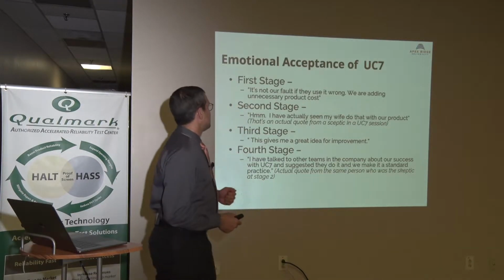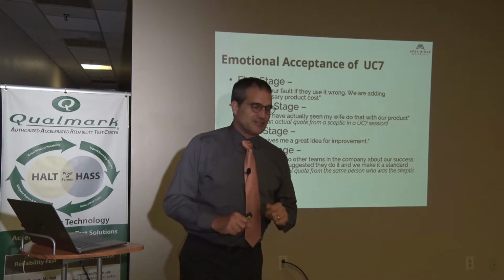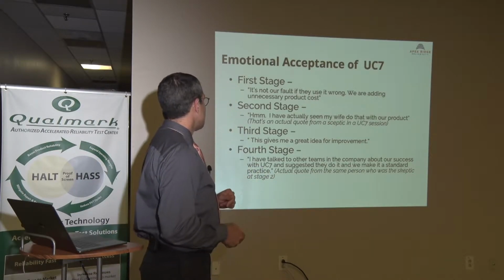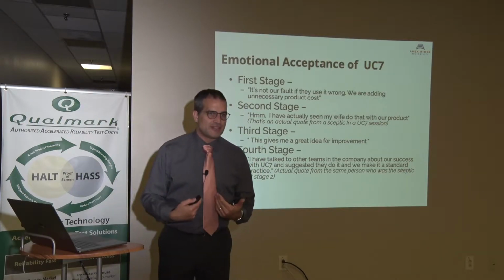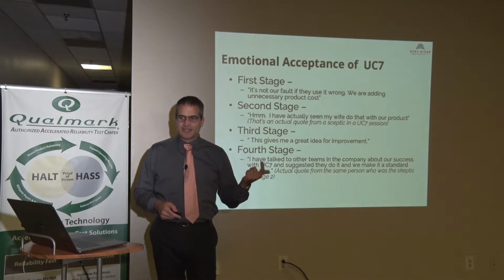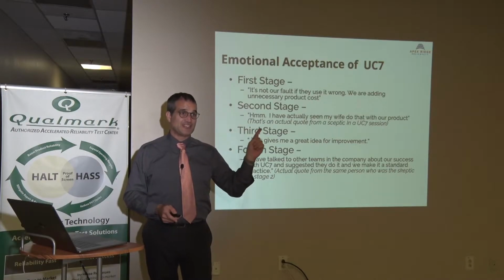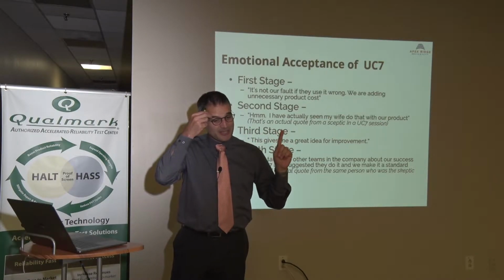So use case 7 tends to follow a somewhat parallel type of process of emotional acceptance, as I've introduced it in the programs. So the first reaction is, well, yeah, it can be used that way, but it's not our fault. We told them not to use it that way. And then somebody says, well, actually, I've seen my wife do it, and I'm using that one specifically because someone actually said that. A design engineer actually said that about a family appliance.